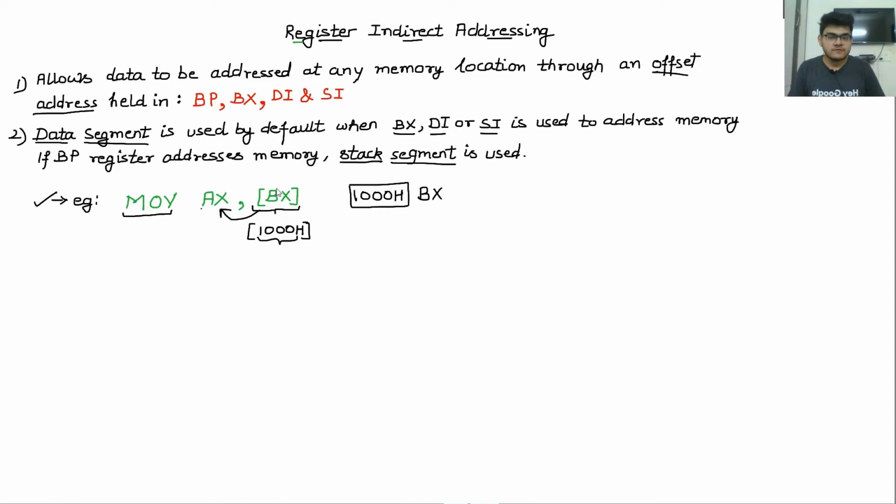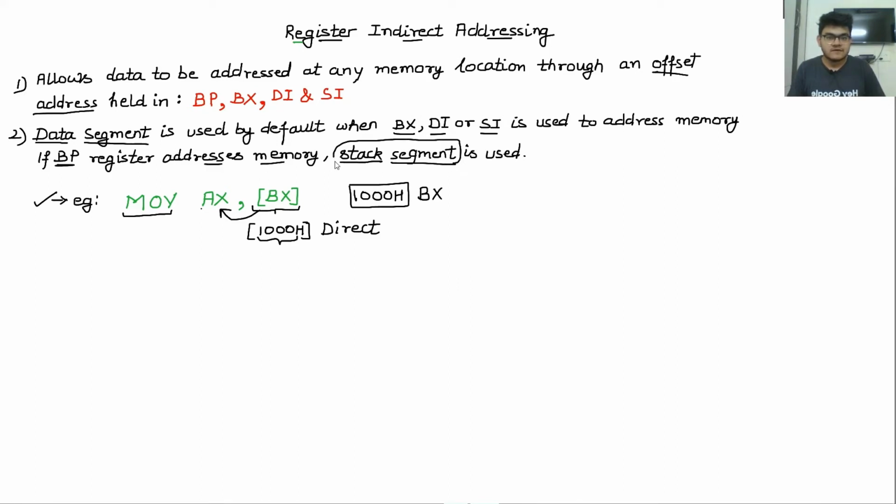Instead of providing BX, the register which contains the offset address, if we directly provide 1000H, it is known as direct addressing, which we studied in the previous tutorial. Now if we use the BP register instead of BX, DI or SI to address the memory, the stack segment is used.